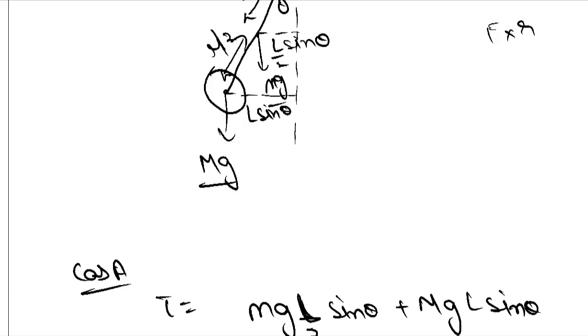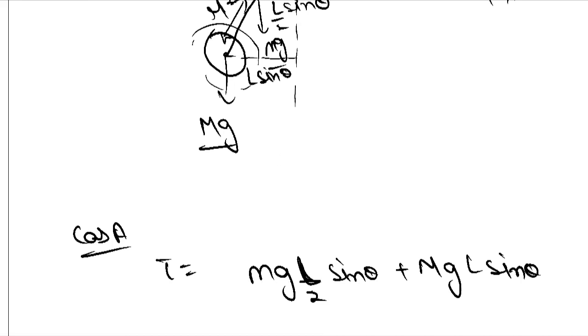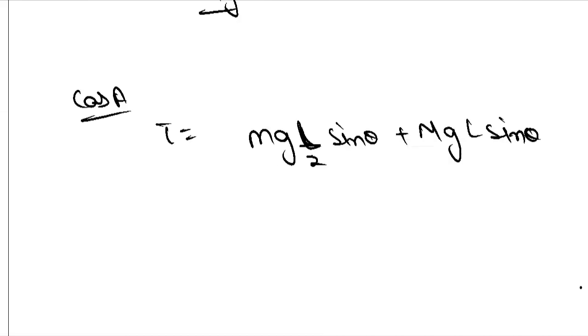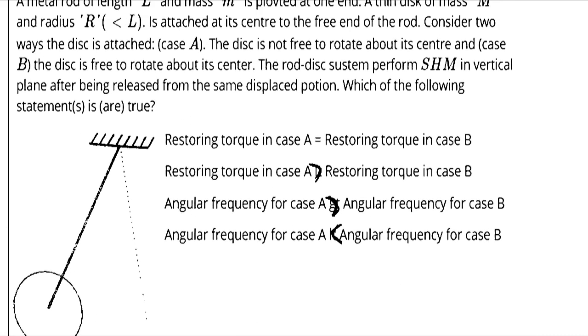And if the disk rotates, it will not produce any extra torque, so the torque will be the same in the second case also. So in case B, torque is equal to mg into L by 2 sine theta plus capital Mg L sine theta. So in both case A and case B, the restoring torque is equal.